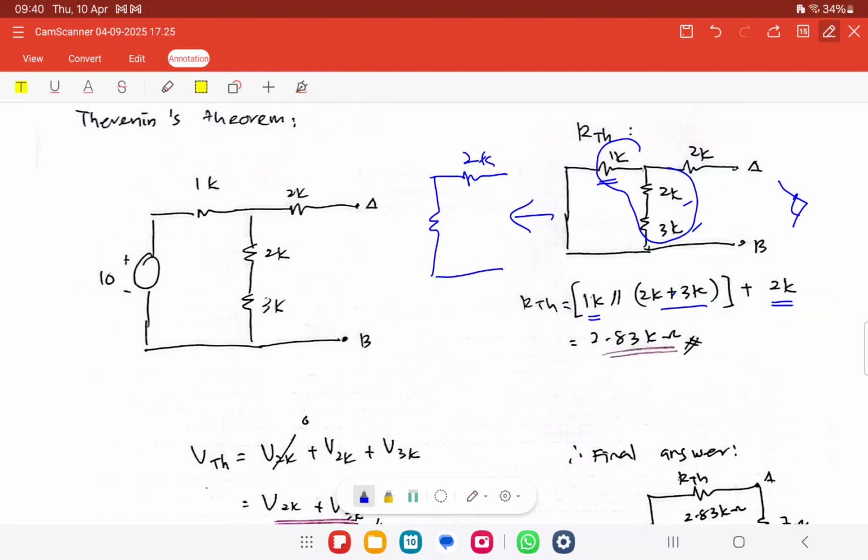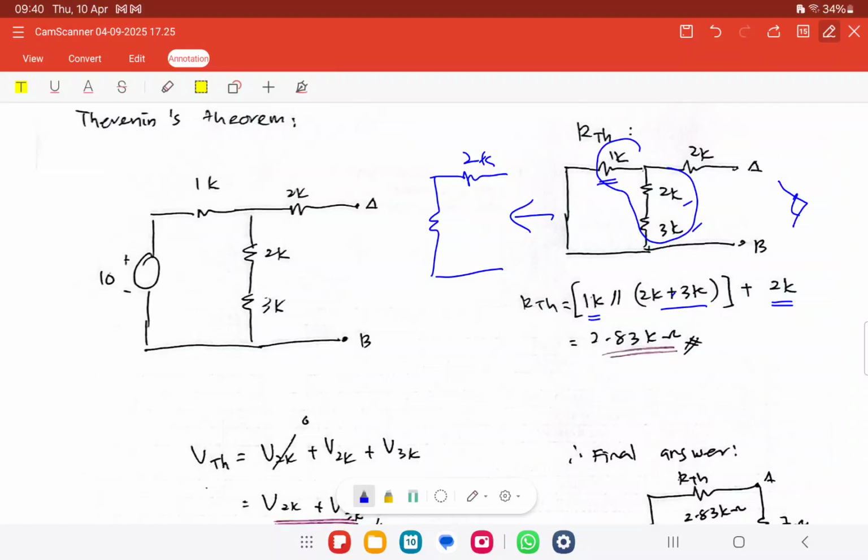Itu satu cara. Another cara is you pakai voltage divider. Guna yang ni dapatkan this one over this one. This one over the R total darab dengan yang ni. Okay, ada dua cara lah. Okay, saya dah tunjuk for the RTH.